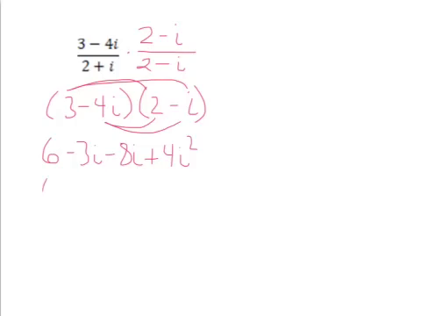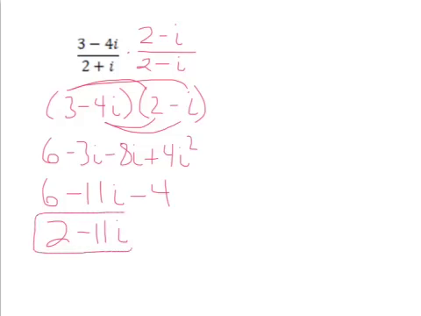So I'm going to have 6 minus 11i, and I know that 4i squared, well, i squared is negative 1, so 4 times negative 1 gives me negative 4. So I'm going to be left with 2 minus 11i. So that's part 1. We're going to use that in a little bit. We're not done.